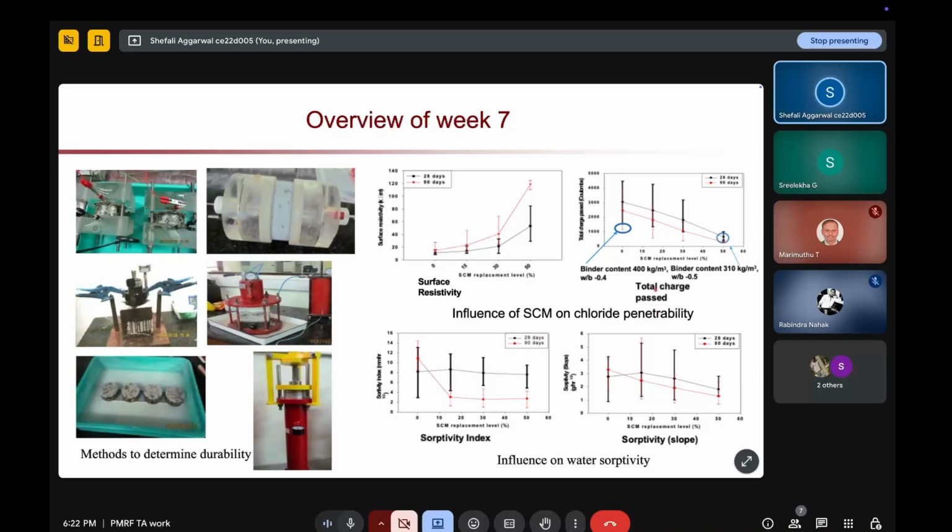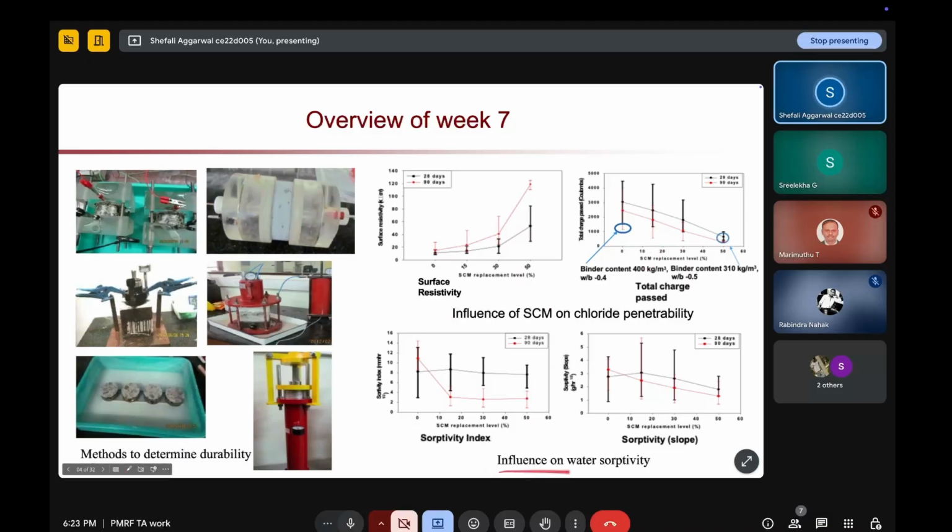The other thing is total charge passed. In the same way, if your permeability is decreasing or your concrete is getting more compact, then the total charge passed will start decreasing.